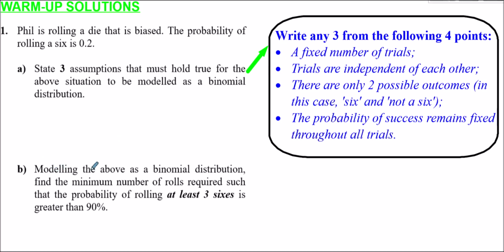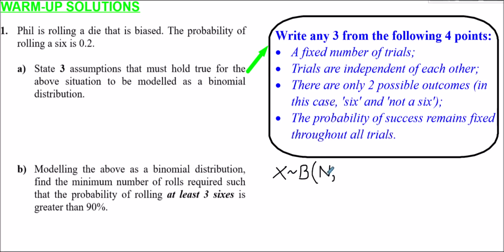Now part B, it says, modelling now the above as a binomial distribution, find the minimum number of rolls required such that the probability of rolling at least 3 6s is greater than 90%. So what we're going to do for B is we're going to say that this distribution X follows a binomial distribution with n rolls.